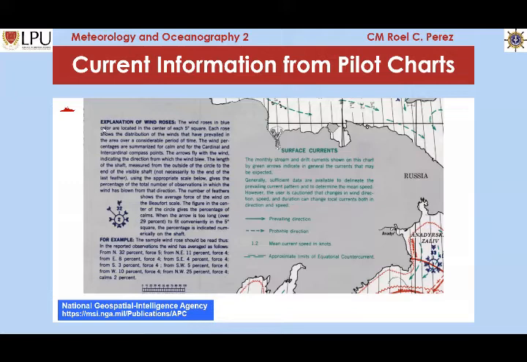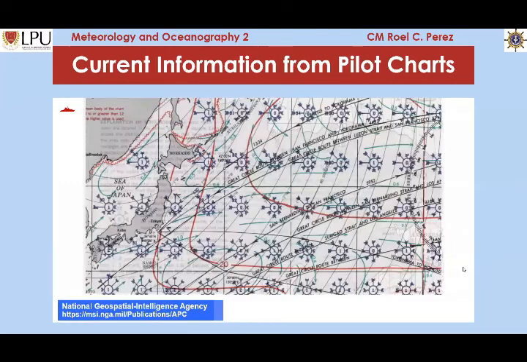Okay, so there is also an explanation of the wind roses, but this one is not our topic for today. Okay, so these are the green arrows which are indicated on this pilot chart.